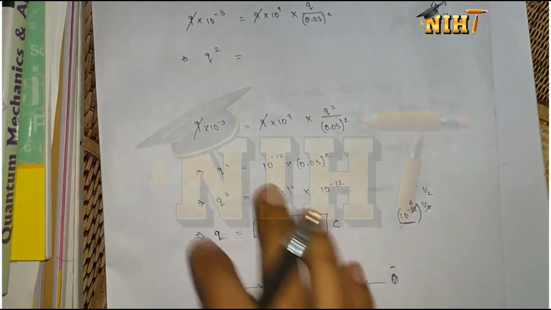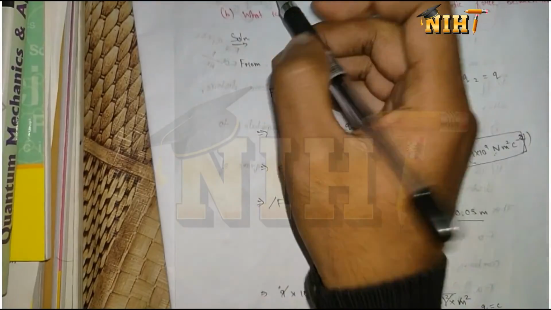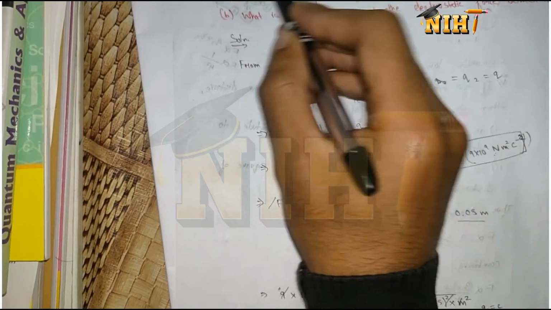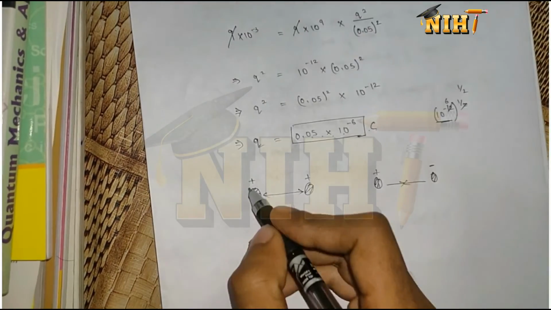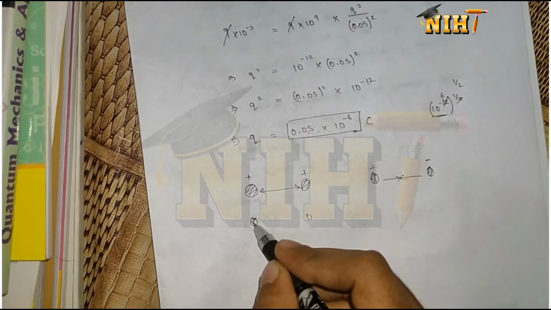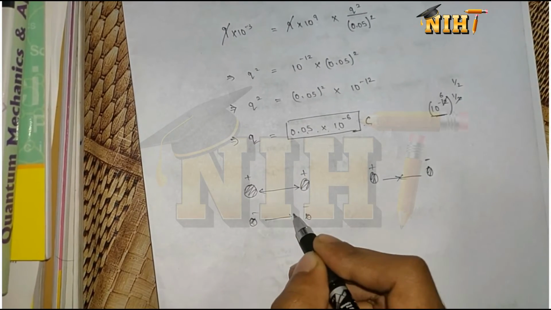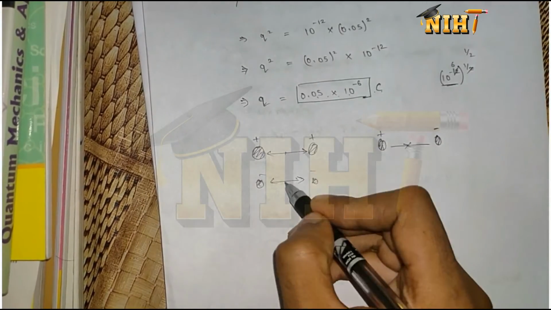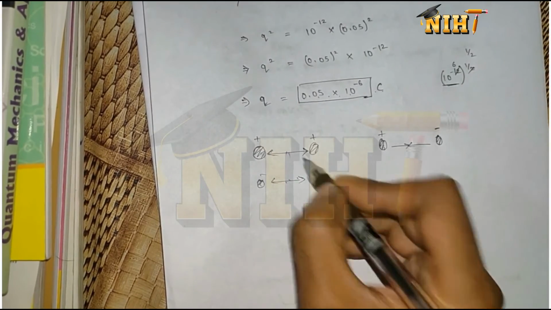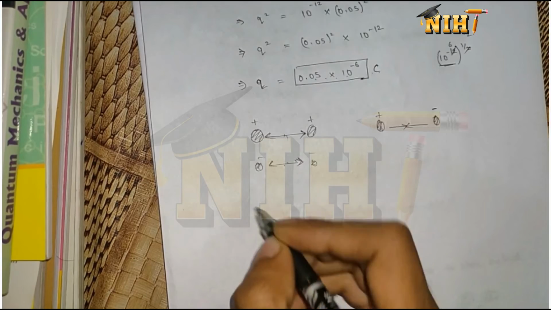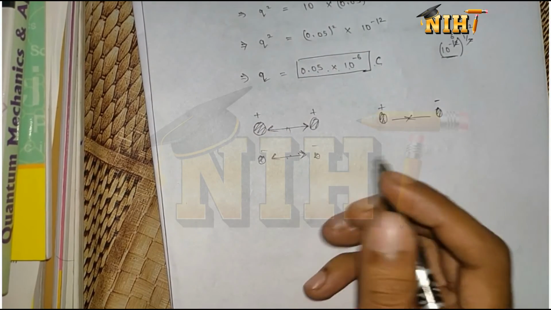Here they are like, so both are either plus or minus, but in either case they will repel each other. So the direction of force will be repelling in nature. That's the answer to the second part of the question.